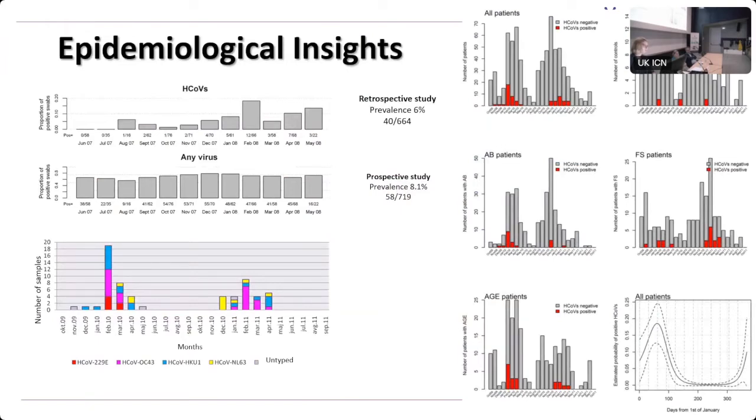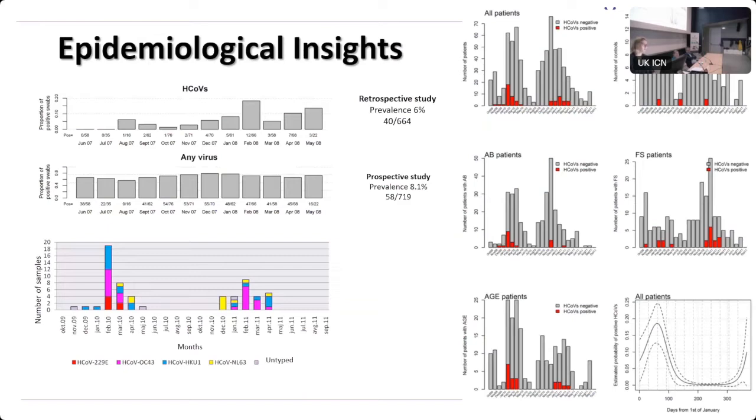Interesting was that with both studies we got a really similar respiratory seasonal distribution of these viruses, with the maximum peak in February.